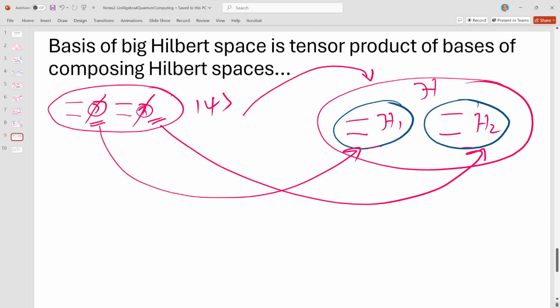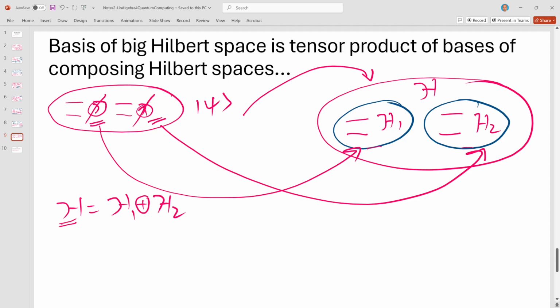Symbolically, we sometimes write it like this, that the joint Hilbert space is the tensor product of the Hilbert spaces of individual particles. And the most important thing is what's the basis of this big Hilbert space, because if we know the basis, we can express any other state in terms of that basis.